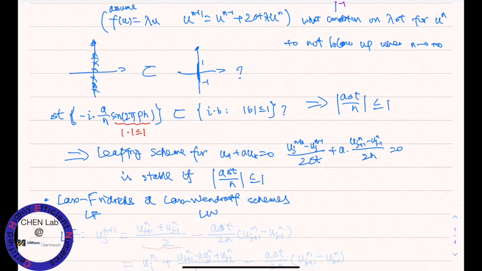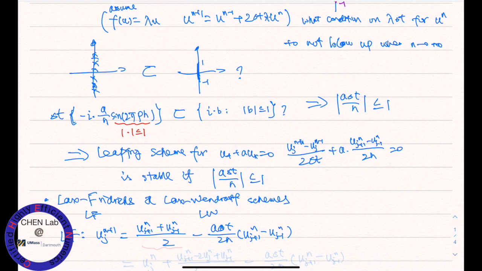Recall for LF, we wrote it in the form of just the fixed first scheme, right? We changed UJN to just the average of UJ plus 1n and UJ minus 1n, and then the rest is the same, a delta t over 2h times UJ plus 1n minus UJ minus 1n.